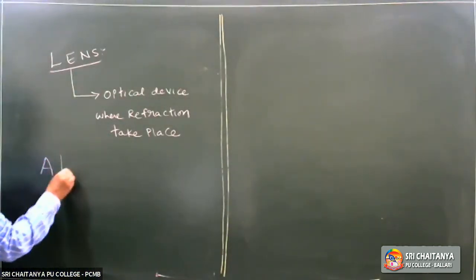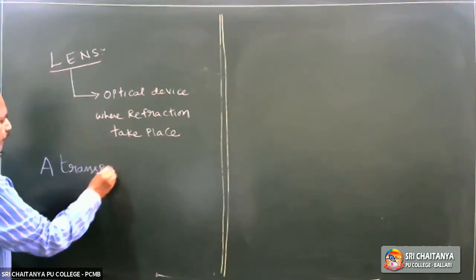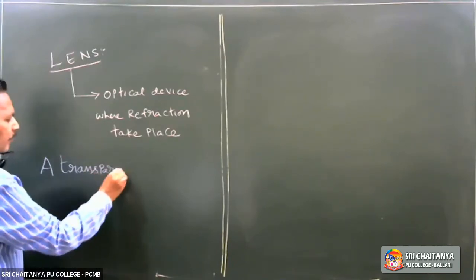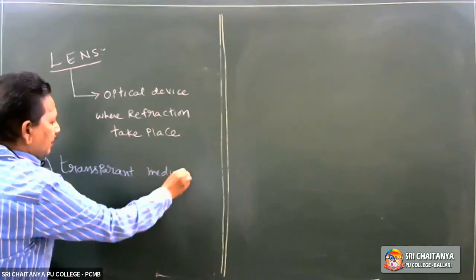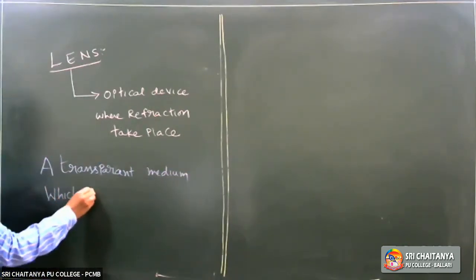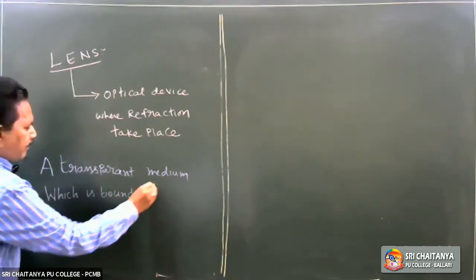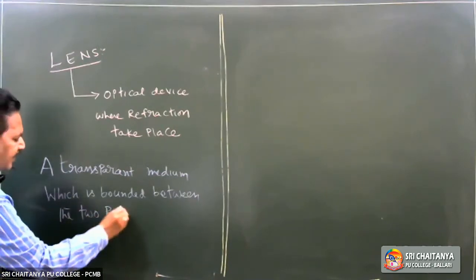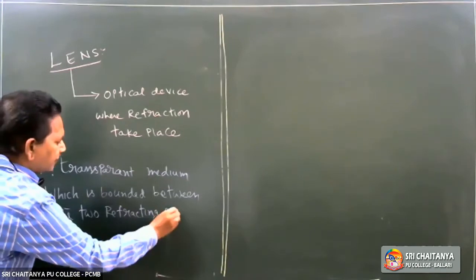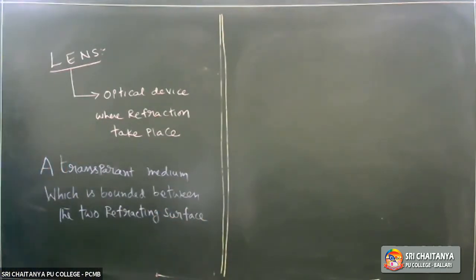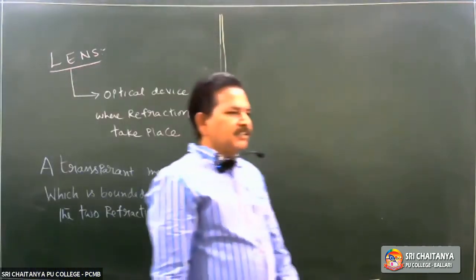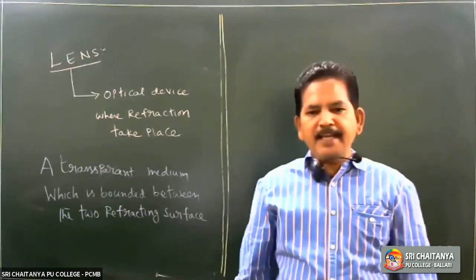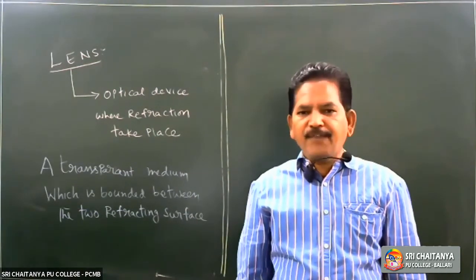How to define the lens? A transparent medium which is bounded between the two refracting surfaces, out of which one surface is compulsorily a curved surface, the second surface may be a curved surface or it may be a flat surface.